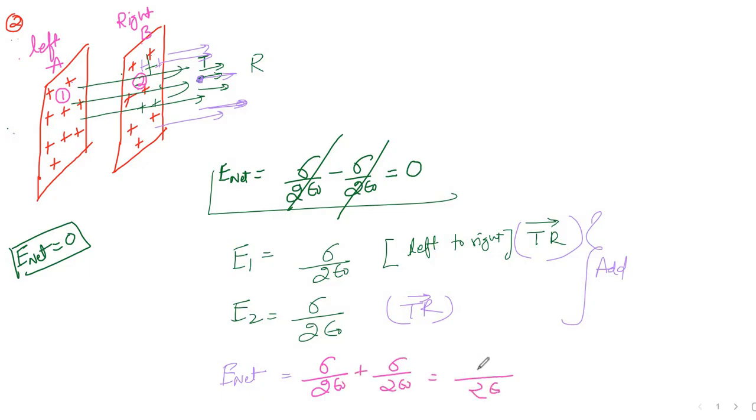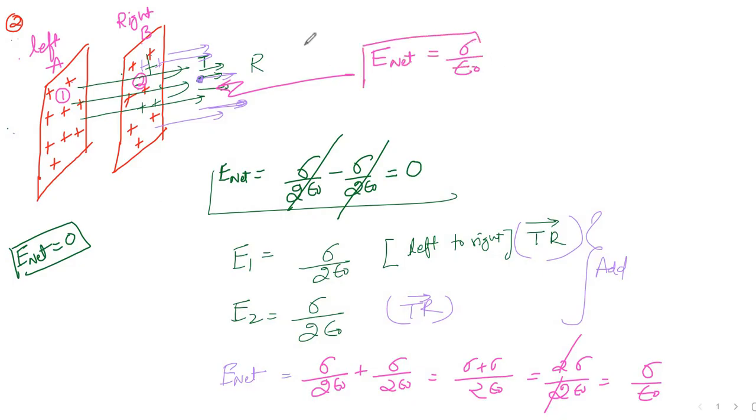So if I add, 2 sigma by 2 epsilon naught. So the 2 cancels, it is sigma by epsilon naught. So at this point, E net is nothing but sigma by epsilon naught.